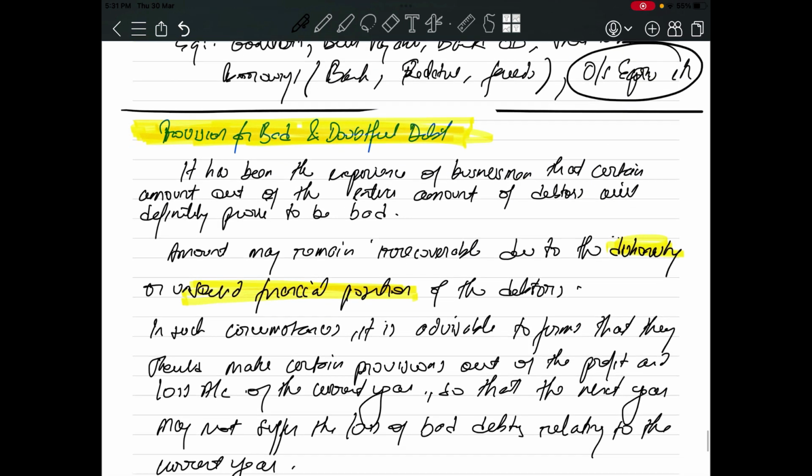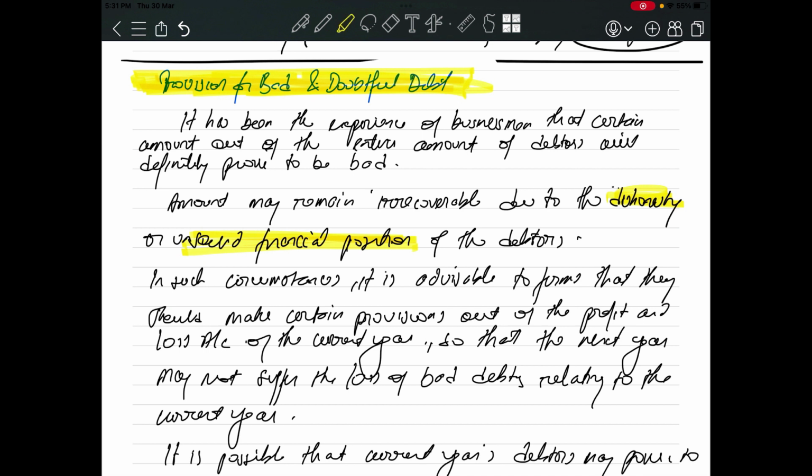Now let's try to read this provision for bad debts once. What is a provision for bad debts? It has been the experience of businessmen that a certain amount out of the entire amount of debtors will definitely prove to be bad. Out of 10, 2% will not pay the full amount for which they have taken the goods on credit.